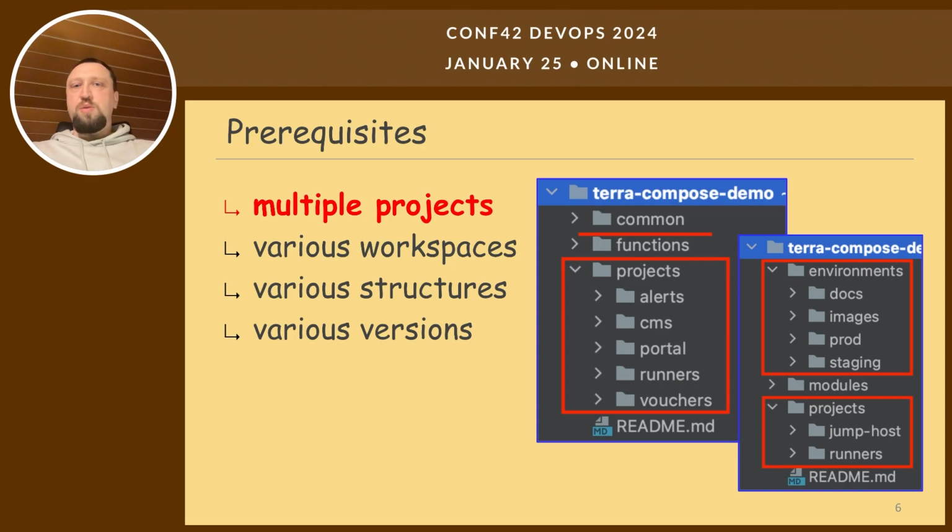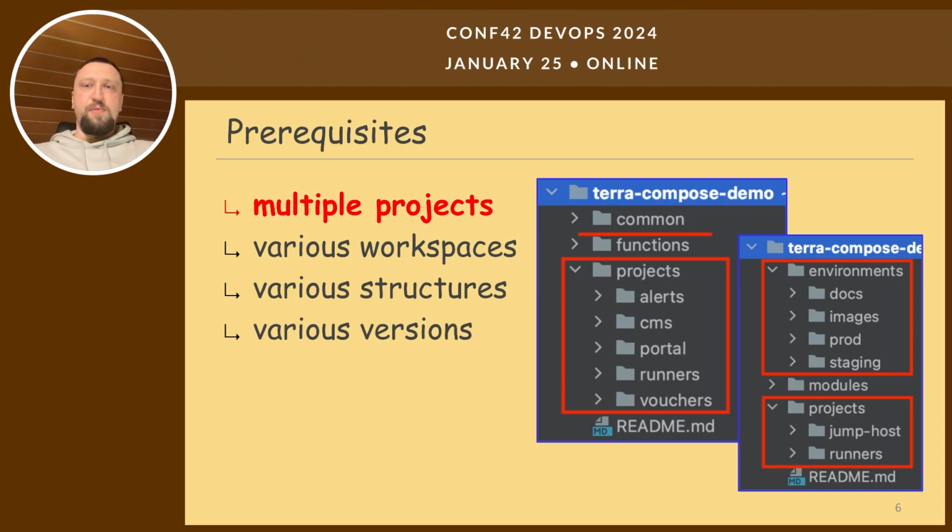And you might also have some common stuff like creating VPCs or something like that, which is shared across these projects, and it might have a little bit different location. Here, in this example, it's common. You can see it in the left picture.